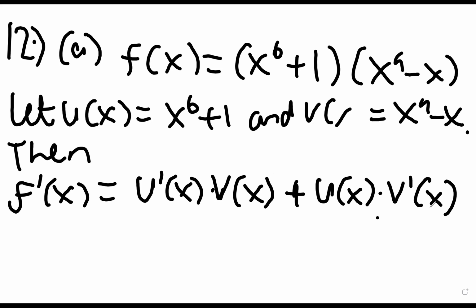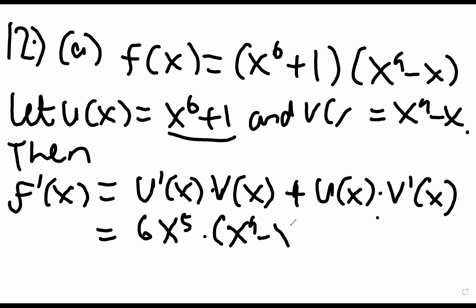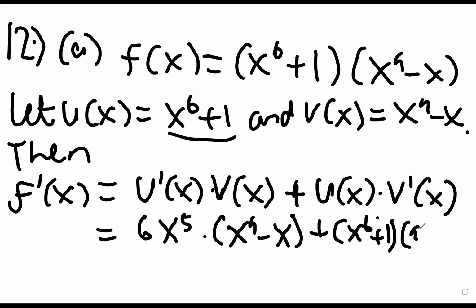So u prime of x, the derivative of x to the power 6 plus 1, is 6x to the power 5, and v of x is still x to the power 4 minus x. Then u of x is x to the power 6 plus 1, and the derivative of v of x, v prime of x, is 4x to the power 3 minus 1.